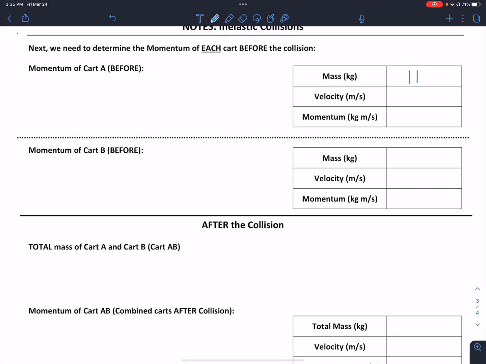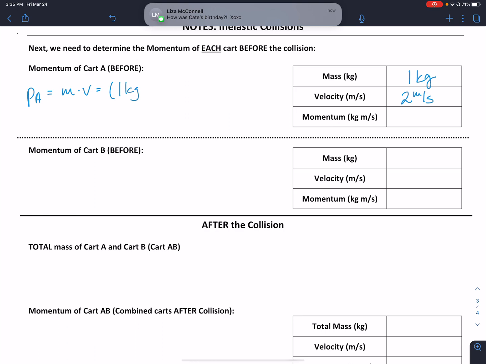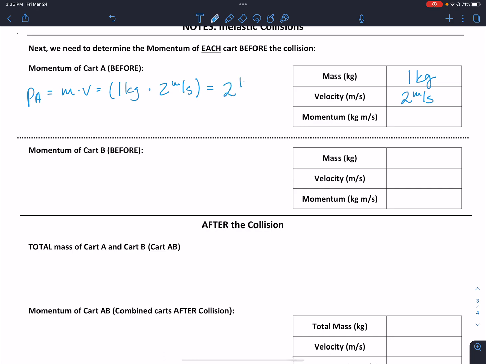For cart A, 1 kilogram and moving at 2 meters per second to the right. So our momentum for A is mass times velocity, so 1 kilogram times 2 meters per second gives us a momentum of 2 kilograms times meters per second.